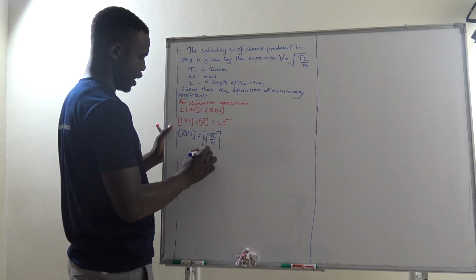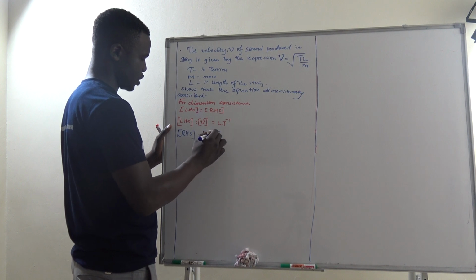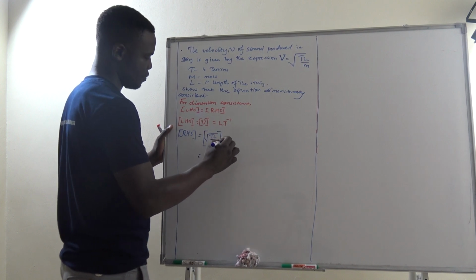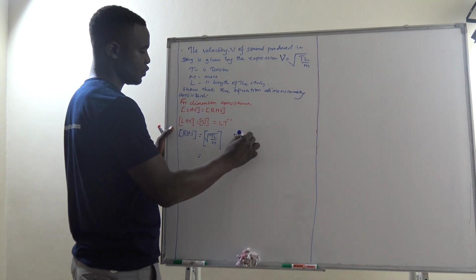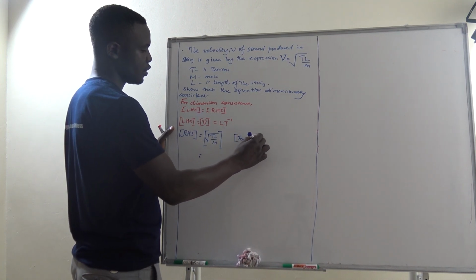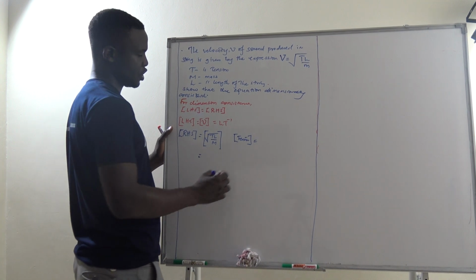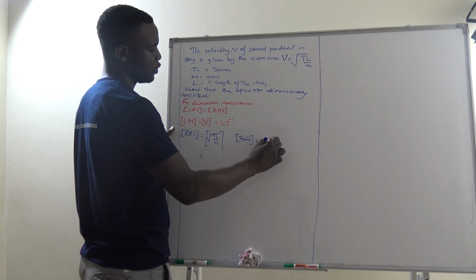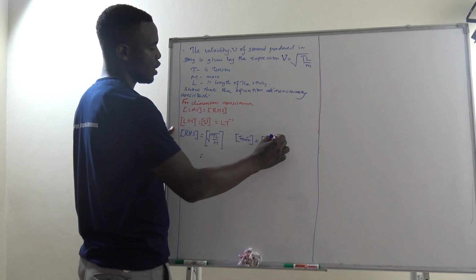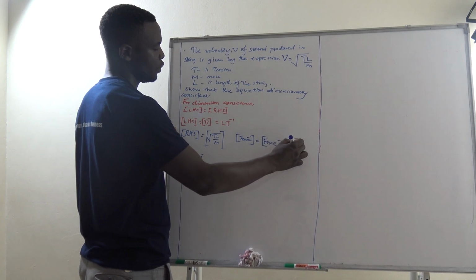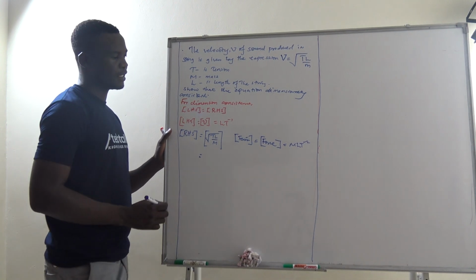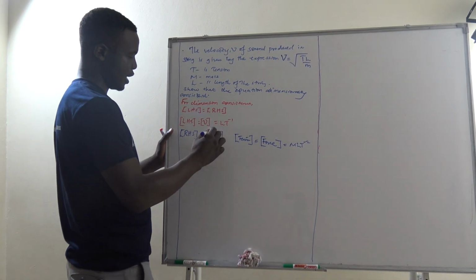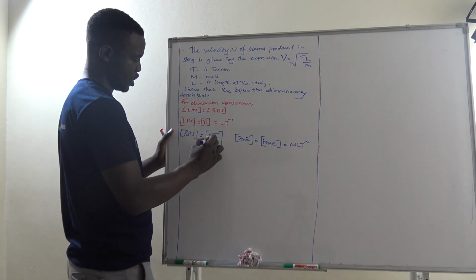Under the root we have tension. Tension is a force. So the dimensions of tension are equal to the dimensions of force, which we earlier got as ML per T squared. So let's substitute in this expression here.